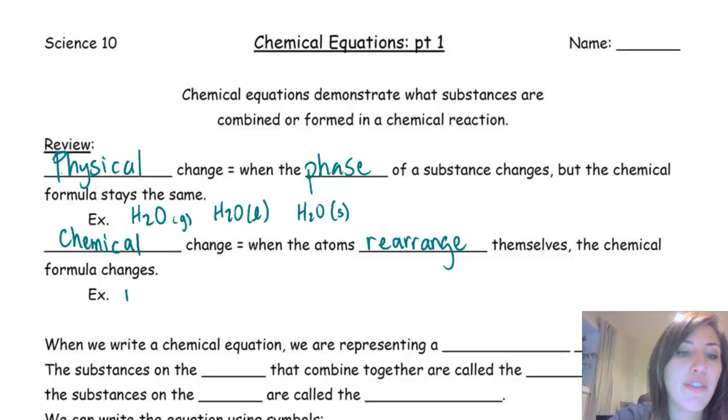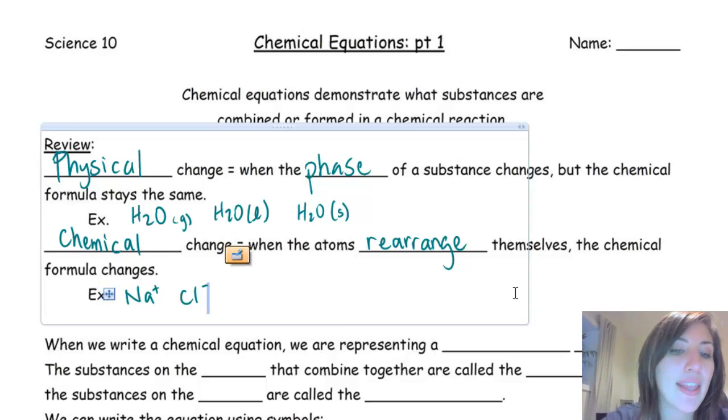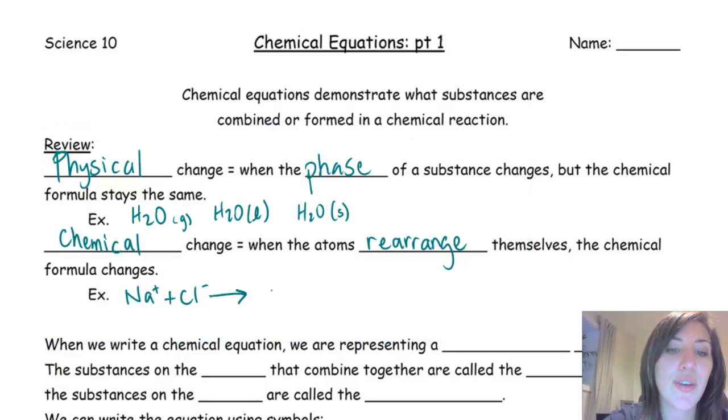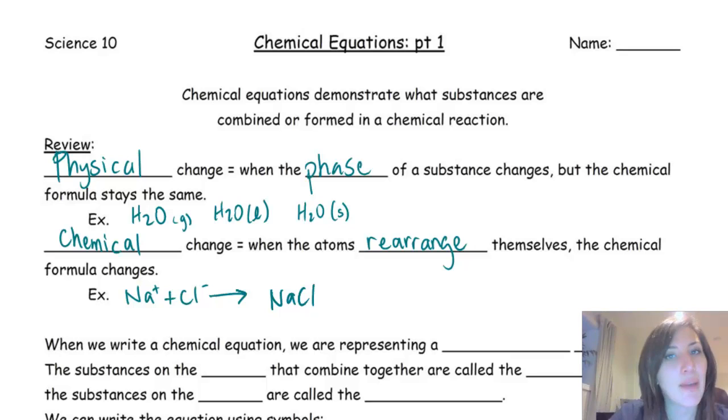So for example, if you start with Na and Cl, these are two separate ions, and if you add them together, then you get NaCl, and that is a completely different formula than Na by itself and Cl by itself.